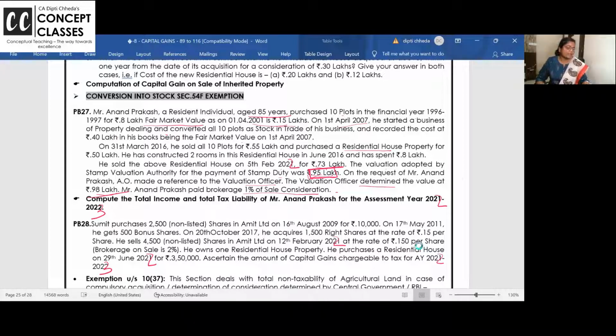Nothing. But when he sold the plots, he has purchased the house. So if you sell the plot and if you purchase the house, you will get 54F. Okay? Not required in the final exam, but it's a nice problem.